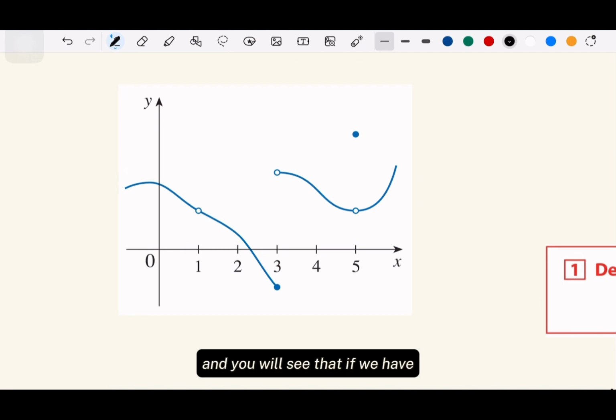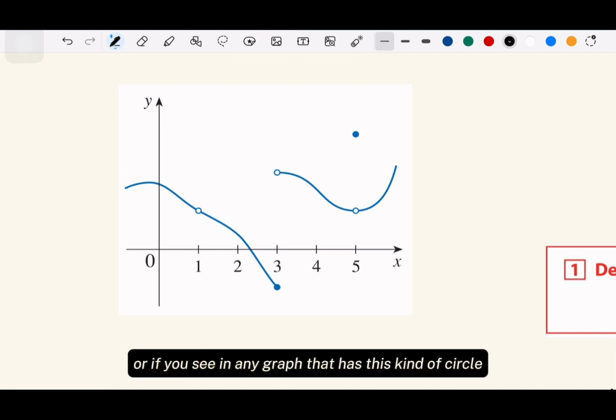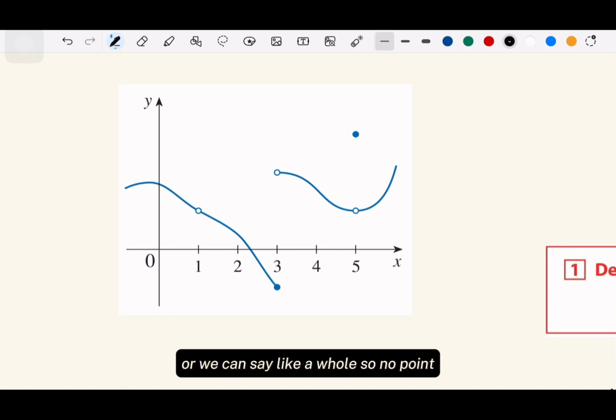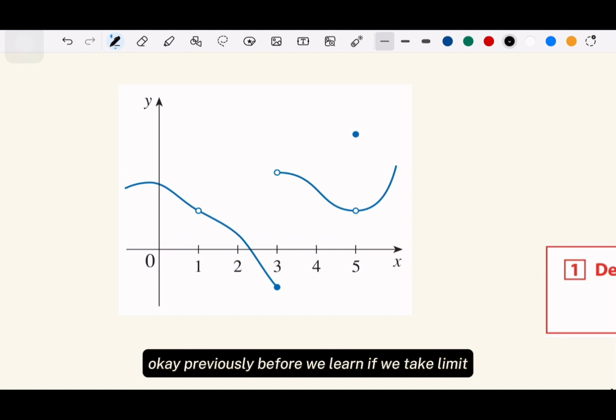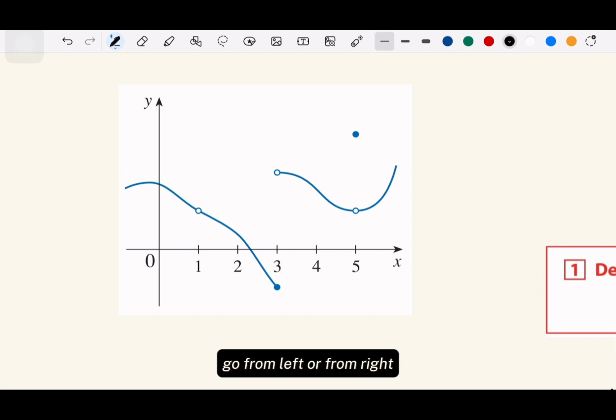If you see in any graph this kind of circle, it means that there is no point on that curve, or we can say a hole. So, no point. Previously we learned that if we take the limit, for example, as x approaches 1, from the left and from the right, we can get the limit, right?